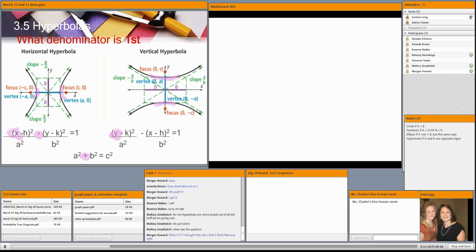This axis is going to be b, and the distance from the center to the end of the vertice is b. Coterminal axis, I think that's what it is. So a lot is the same. That's what makes it a little bit hard, because it's the same. They're always equal to 1.